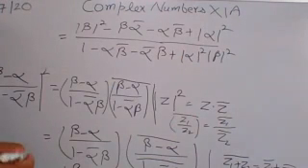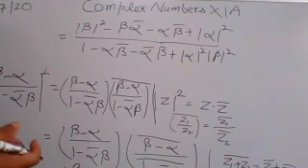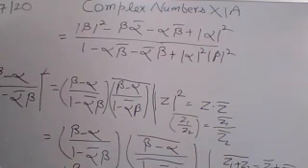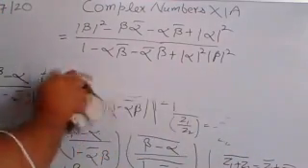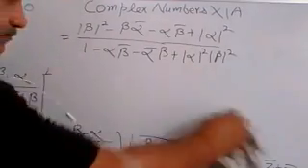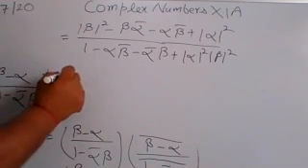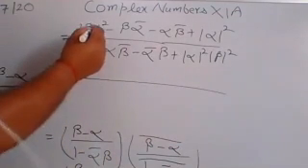Okay, now in the question it is given that mod of beta is equal to 1. What is given here? Mod of beta is equal to 1. So put in the value of beta: mod of beta is equal to 1.